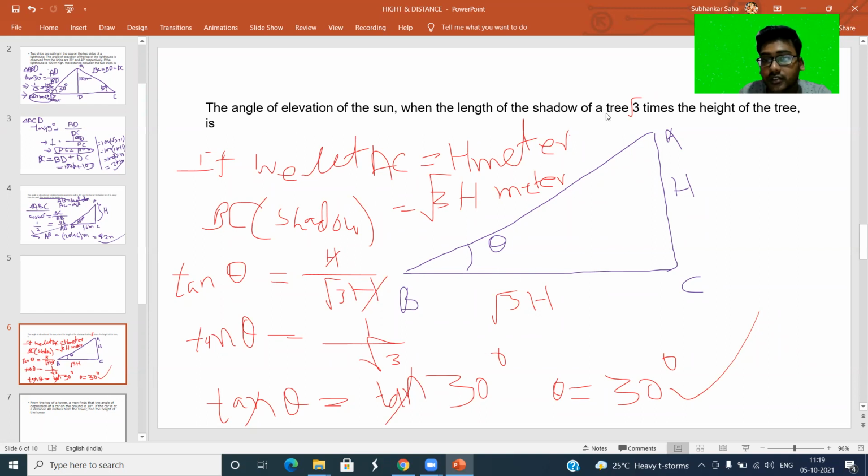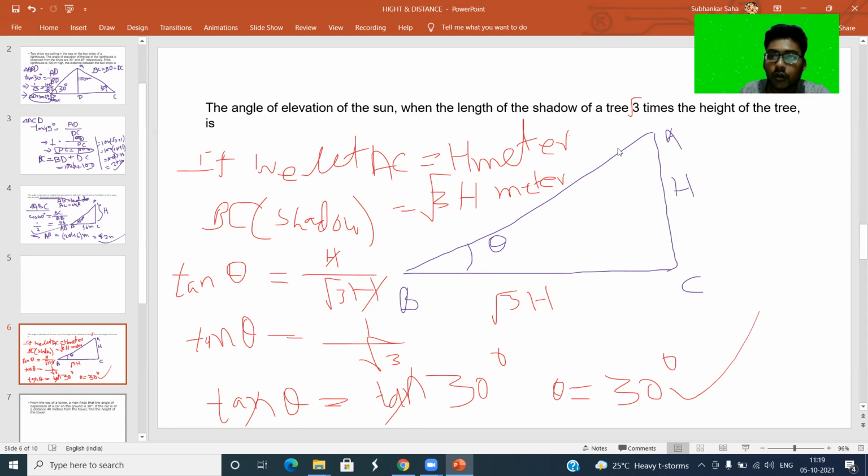Why is it root 3h? In this question, the shadow of the tree is root 3 times the height. Root 3 times the shadow value is root 3 times the height. So BC value is root 3 into height.